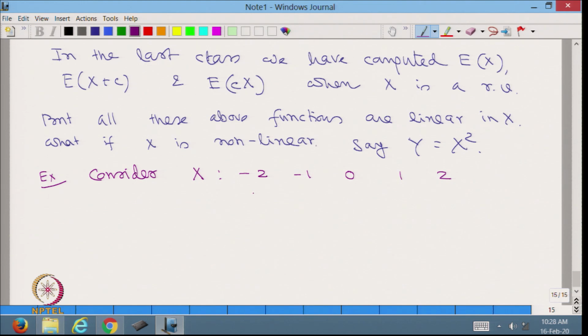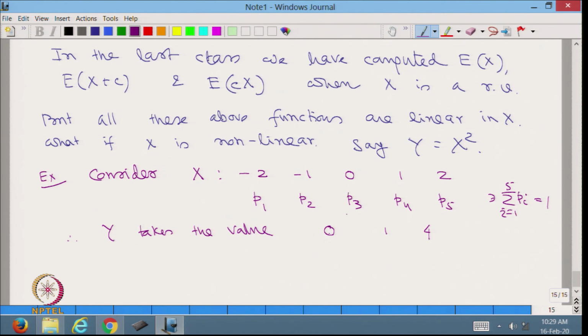Suppose the probabilities are P 1, P 2, P 3, P 4 and P 5 such that sigma P i, i equal to 1 to 5, is equal to 1. Therefore, y takes the values 0, 1 and 4.